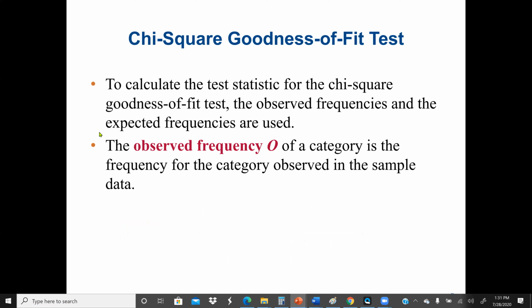So the steps to calculate the test statistic: first of all, we know in hypothesis testing, the first thing we do is to state our problem. Second, we state our H0 and HA. The next step is to compute our test statistic, whether it's a standard normal, T distribution, or whatever test it is.